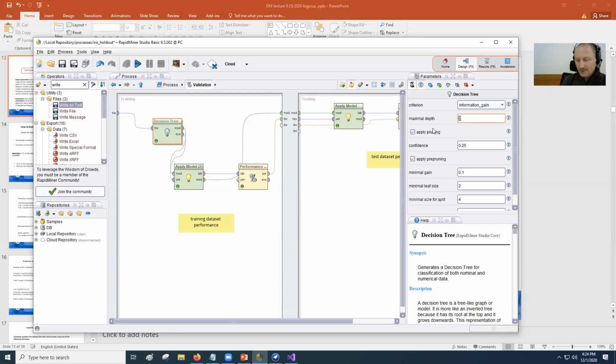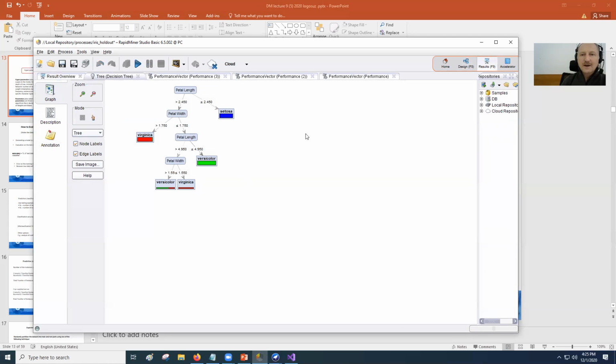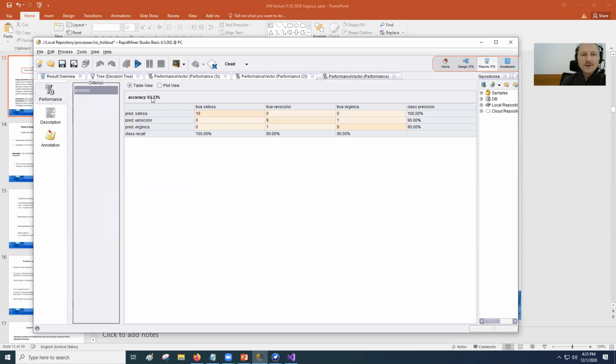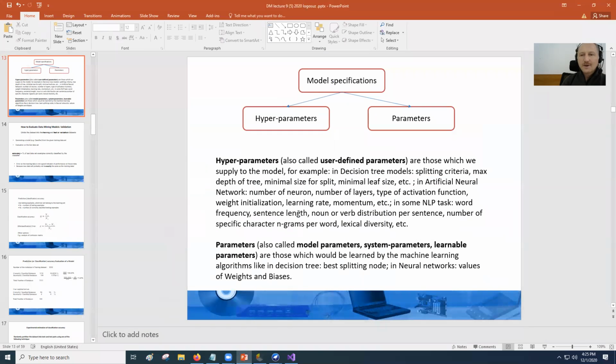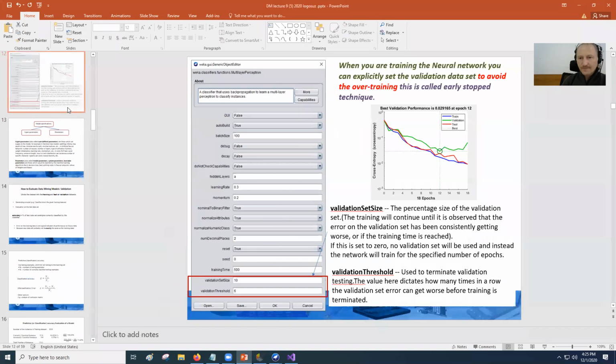For example, if I do 6 and run it again, I will get a more accurate result. Look at the more accurate result. Now I have validated that maximum depth should be 6. How did I validate it? By using test data. Yes, by using validation data.